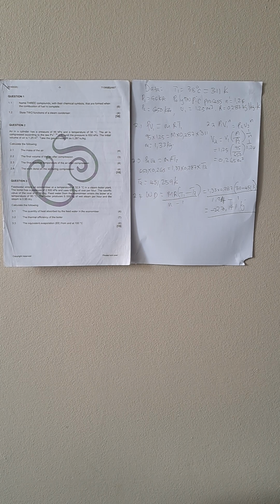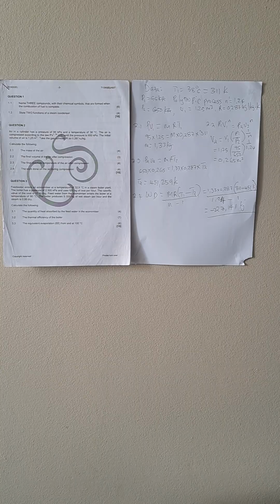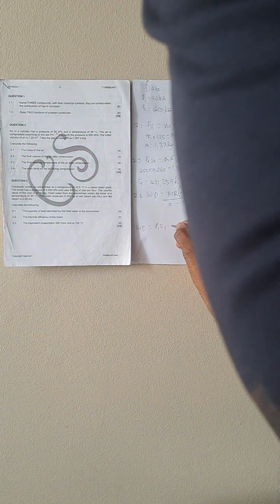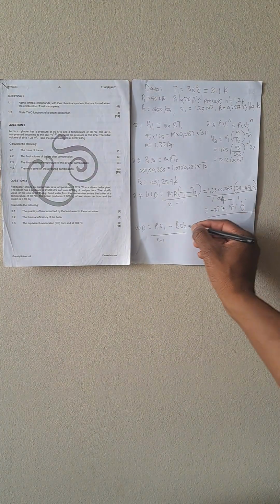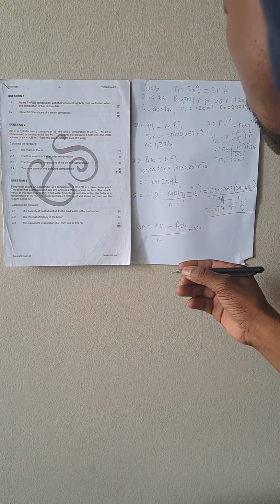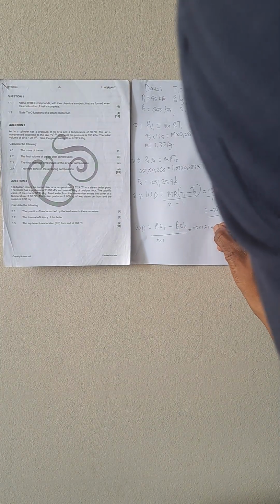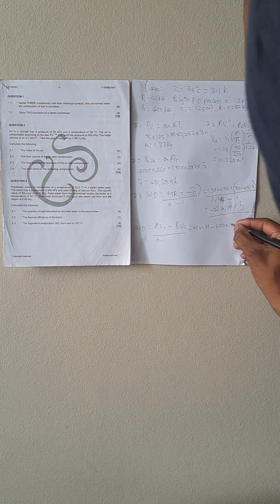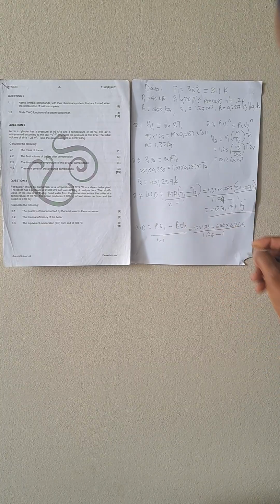Now we can also use the second formula to check whether what I got here is correct or not. We can use our formula work done equals P1 V1 minus P2 V2 over n minus 1, which becomes P1, given as 95, our V1, given as 1.25, minus our P2, 650 times 0.265, over 1.24 minus 1.